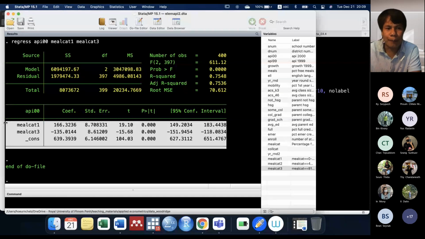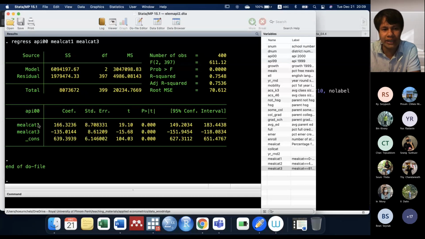If you compare meerkat 1 schools, classified at category 1, they performed better than meerkat 2. Meerkat 1 is about 166 higher than meerkat 2. But if you compare meerkat 3 with meerkat 2, meerkat 3 has lower academic performance than meerkat 2, on average about 135.